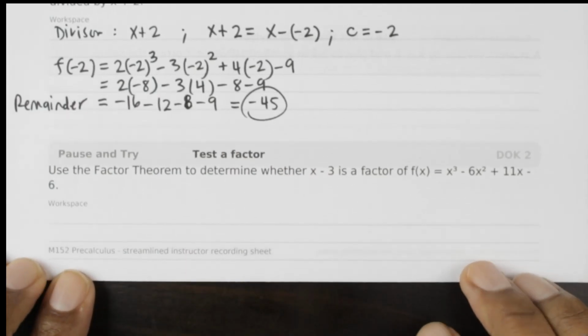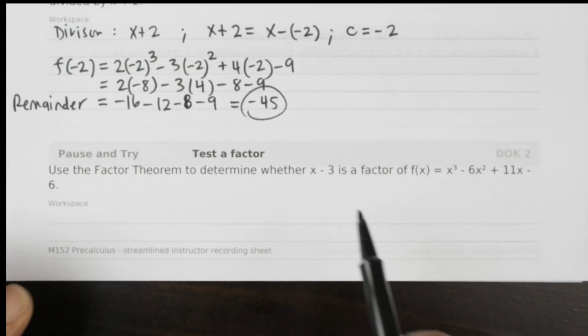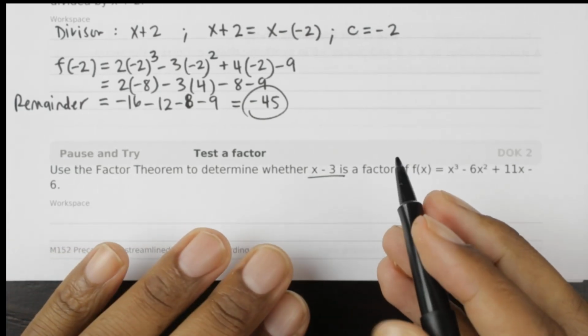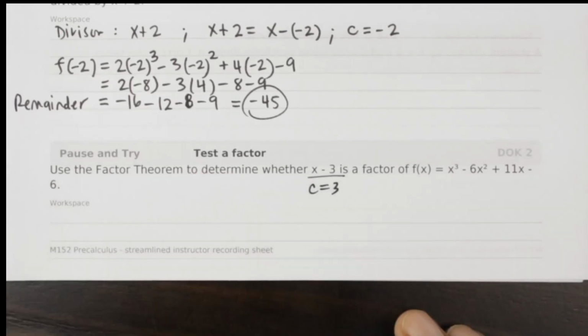All right, pause the video and try the problem at the bottom. Using the factor theorem, determine whether x minus 3 is a factor of the expression given. First of all, we know the divisor is x minus 3. Since the divisor is x minus 3, that means c is equal to 3.